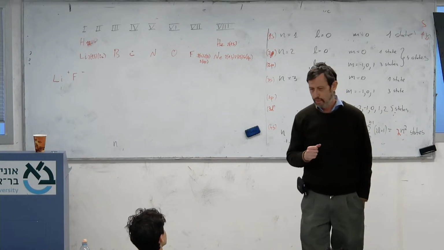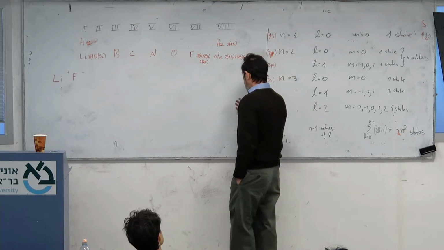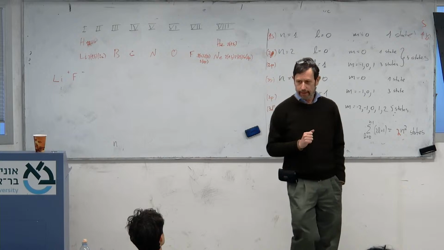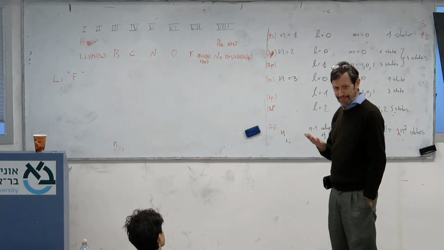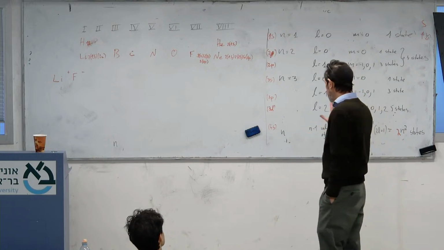What we will do in the last meeting, basically we're missing two things. We still didn't write down the Laguerre polynomials.